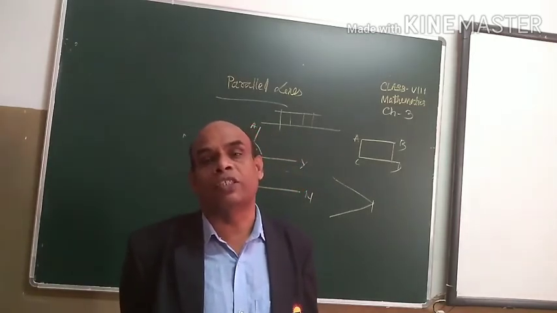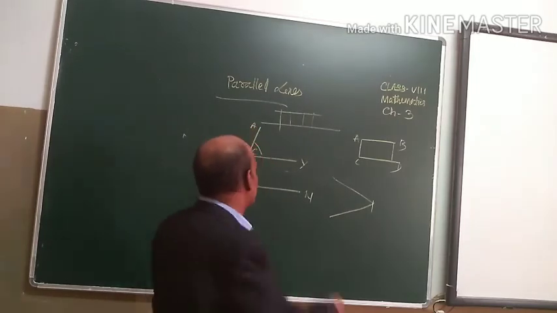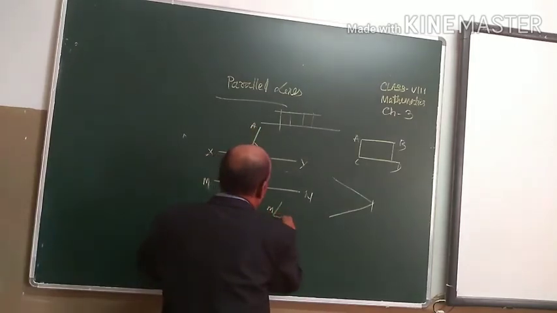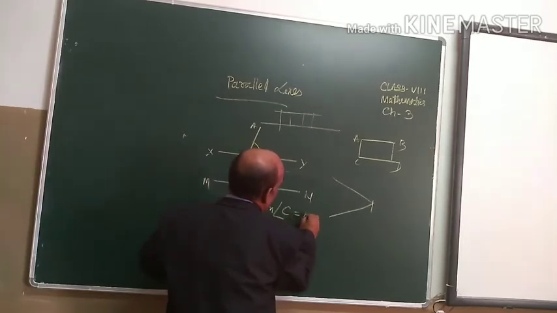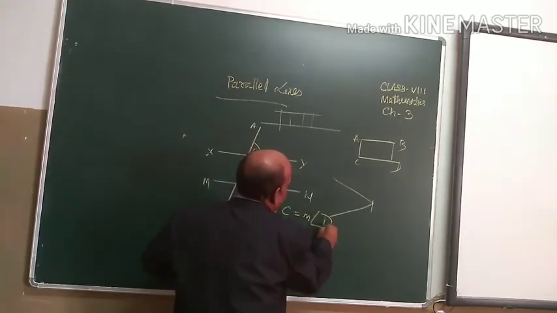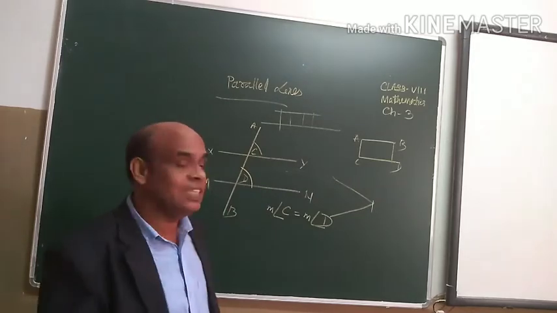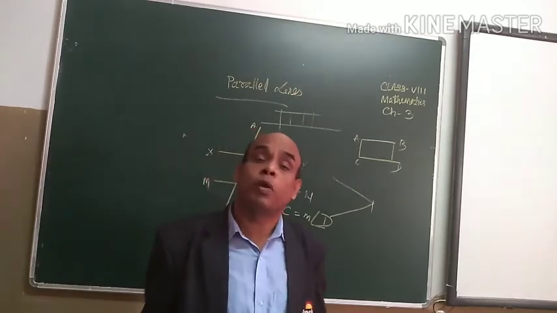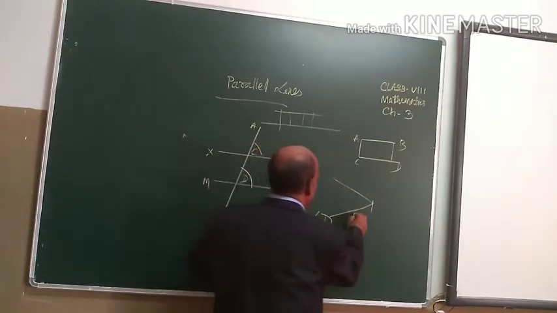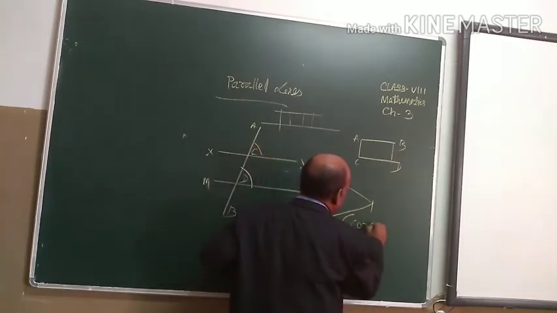It means the measurement of angle C is equal to the measurement of angle D. You have to remember this. This angle is called a corresponding angle.